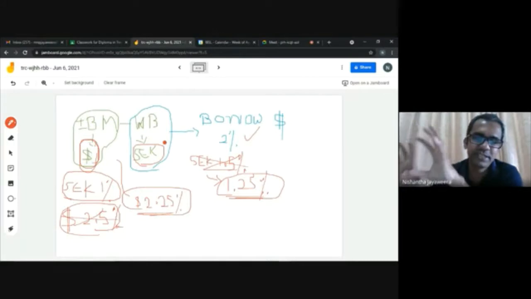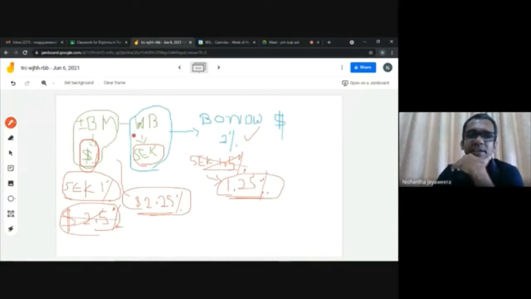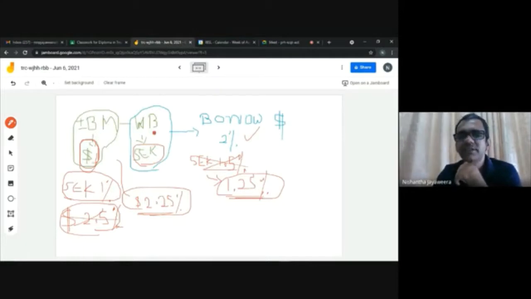But to hedge the risk arising from that, these two parties can enter into a cross-currency swap: World Bank pays the interest on the Swedish krona to IBM, and IBM pays dollar interest to World Bank, because ultimately World Bank has an obligation in dollars.